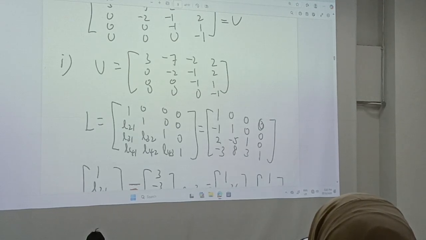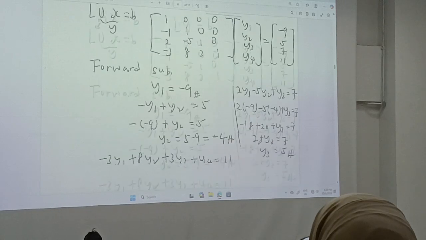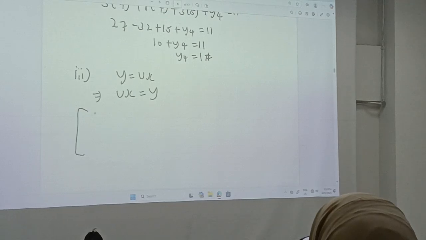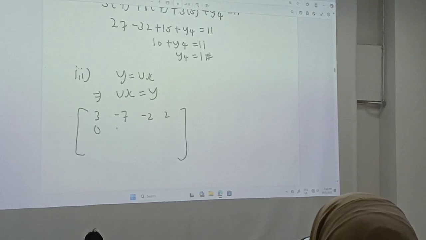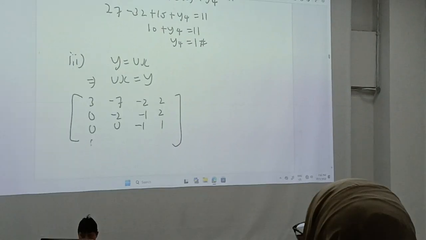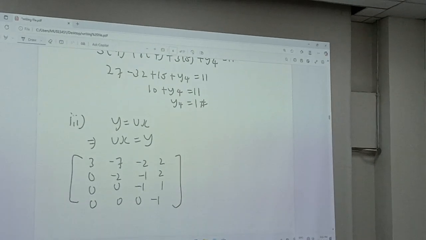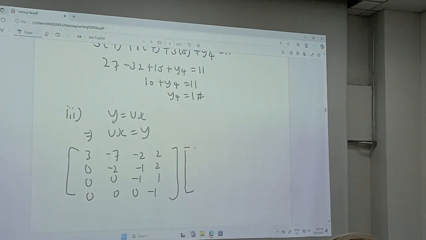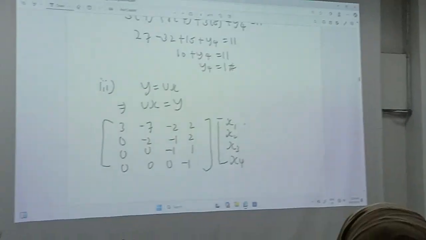So plug in this matrix. X is the solution we want to find out.